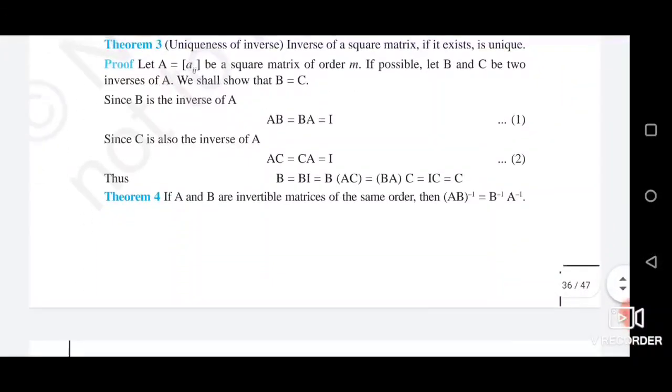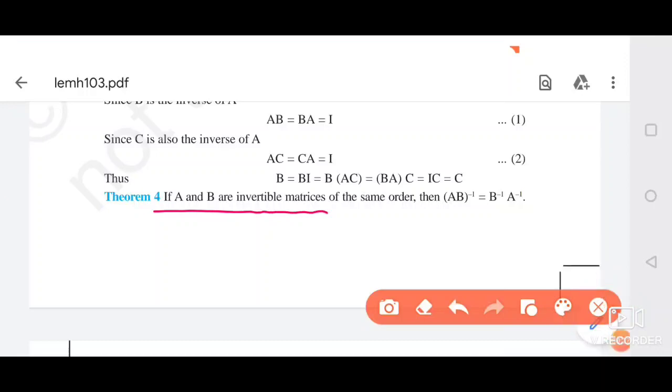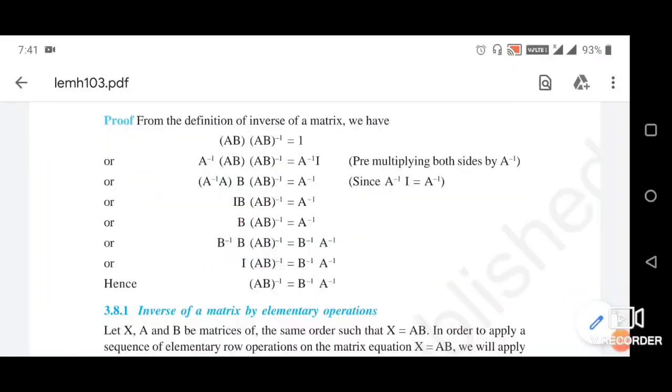Next theorem is theorem 4, and theorem 4 is: if A and B are invertible matrices. Invertible means inverse of A exists and inverse of B exists. If A and B are invertible matrices of the same order, then AB whole inverse is equal to B inverse into A inverse.